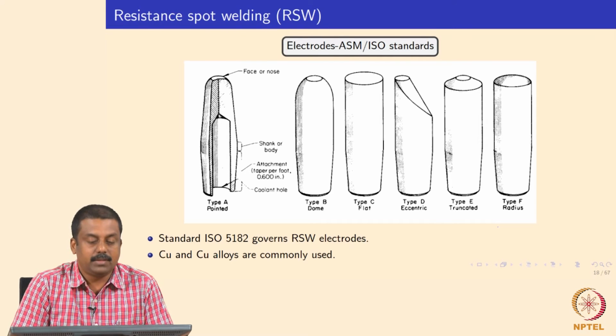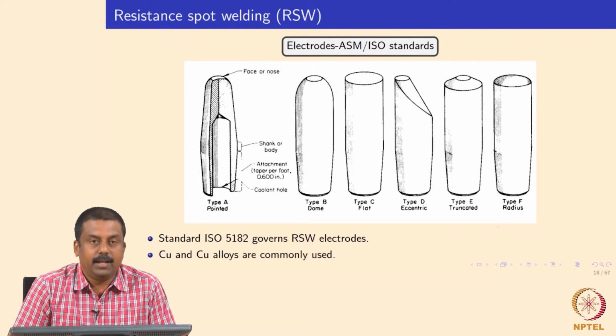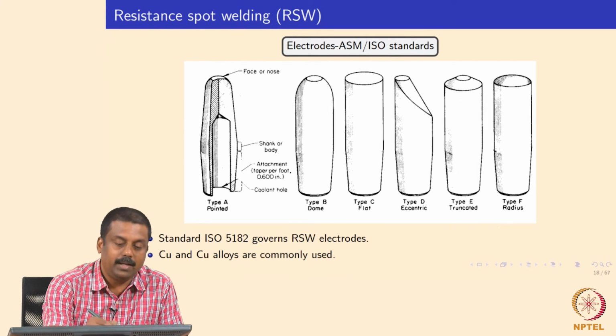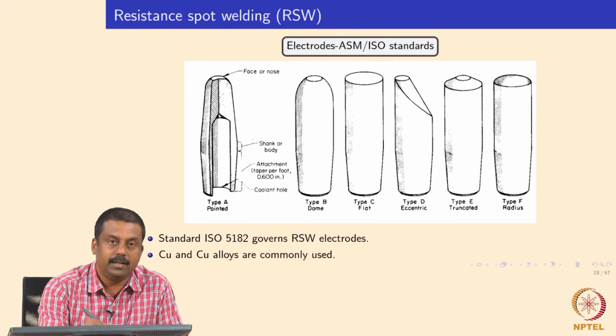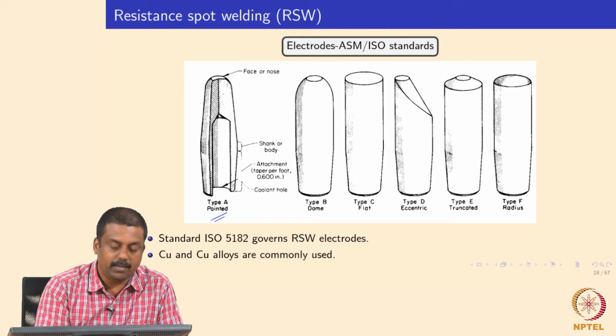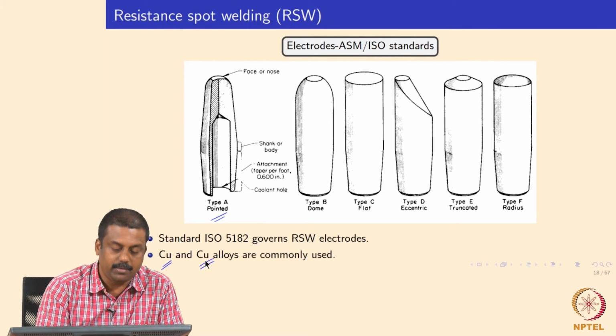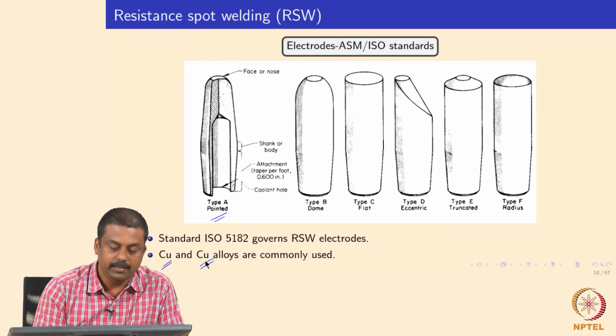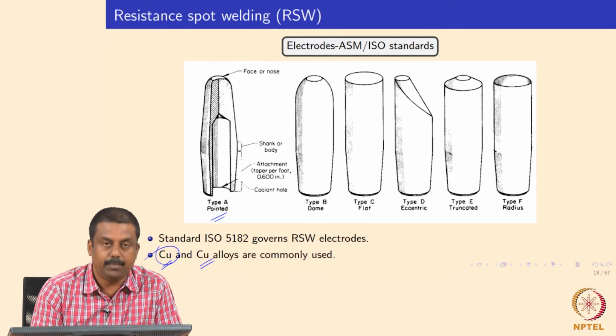So, some of the electrodes that we use in resistance spot welding: we can use various geometries of the electrodes, and it is all governed by the ASM or ISO standards. If you look at the typical cross sections, maybe in the next class I will bring an example electrode. There are various types we can use, and most are made of copper, and some copper alloys, alloyed with zinc and tin, are also used, but predominantly the electrodes are made from pure copper.